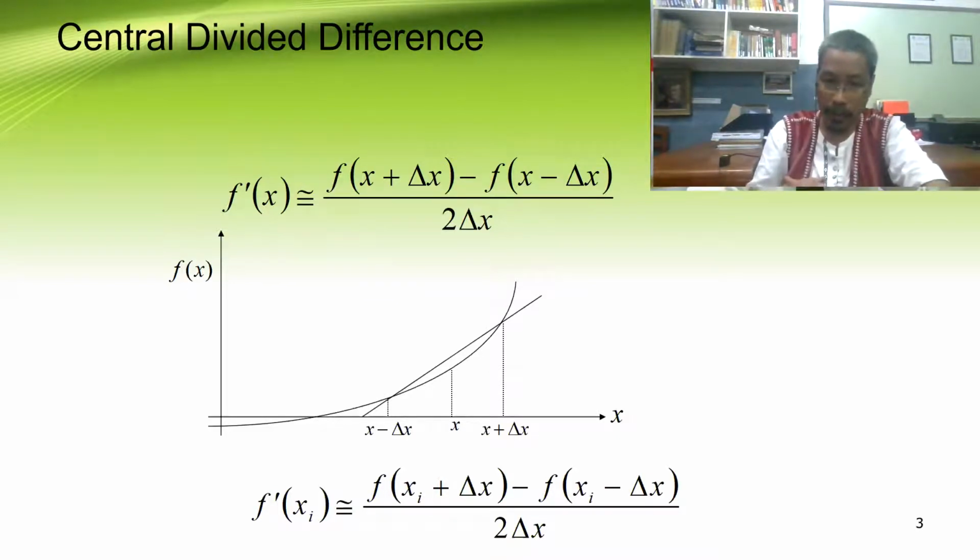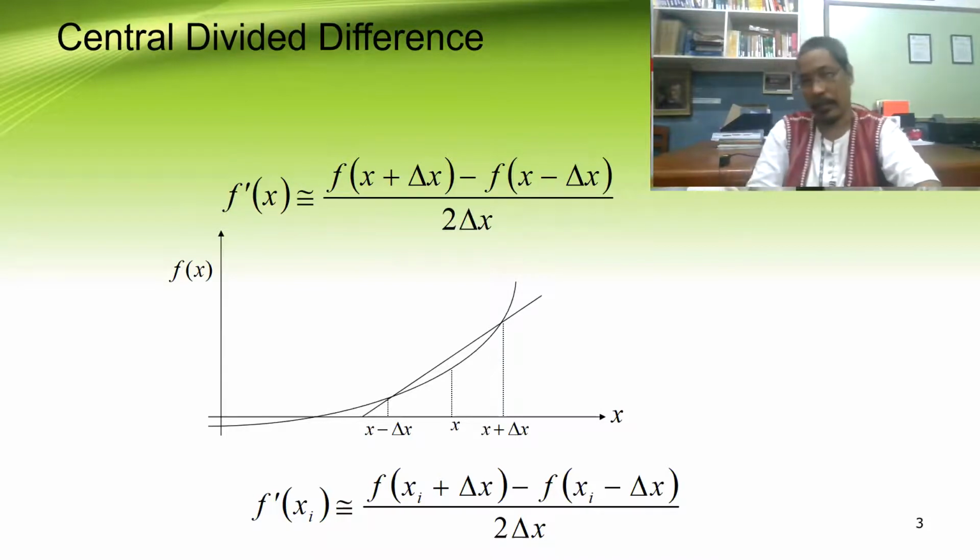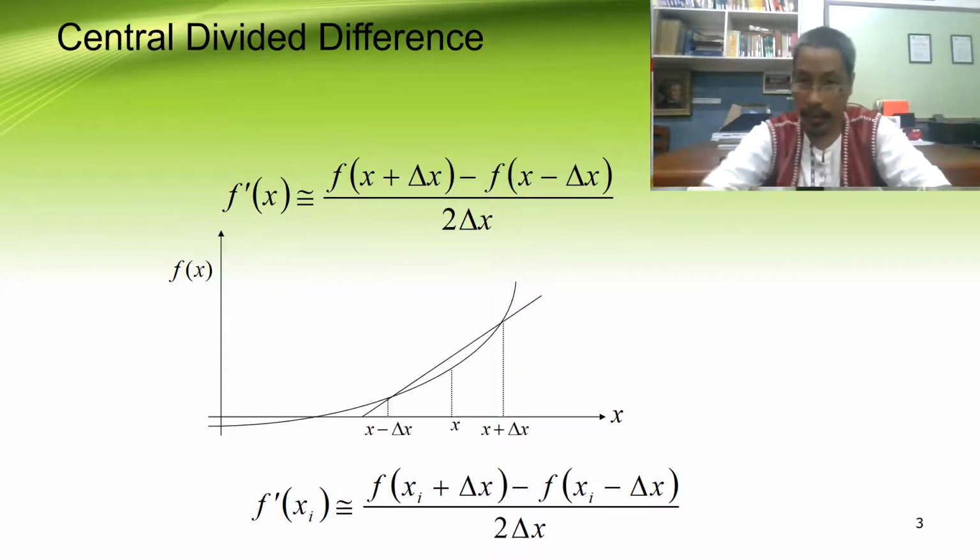Okay, so we have 2 points to consider, but instead of considering the point x, we are actually considering 2 points, which is x plus delta x and x minus delta x. And therefore, the point relevant to us, x, is at the center. That's why it is called central divided difference. Okay.